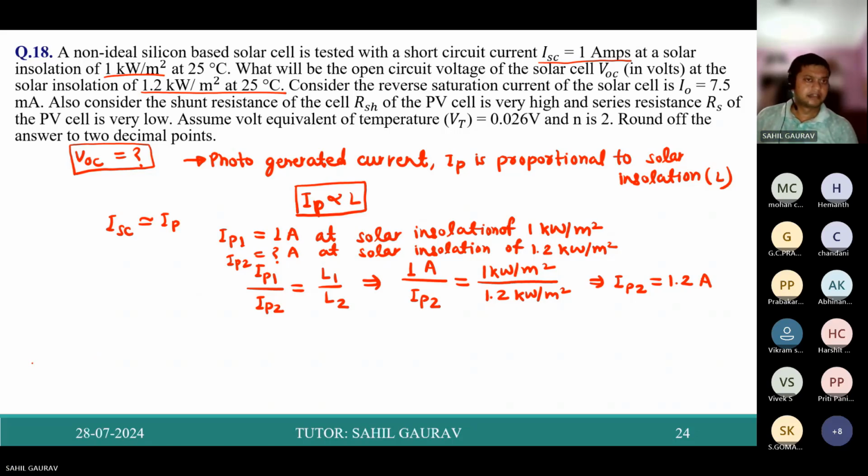Now, the other things we know. The open circuit voltage of a PV cell is the diode identity factor into thermal voltage into ln of IP2 plus I naught upon I naught.